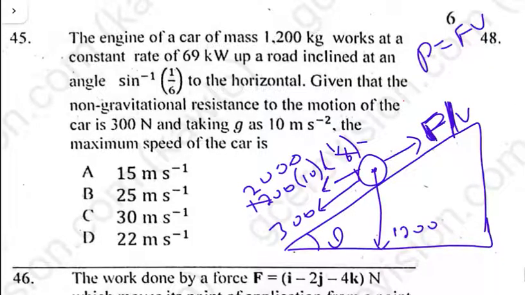So 2000 plus 300, 2300. So 2300 is equal to force on velocity.